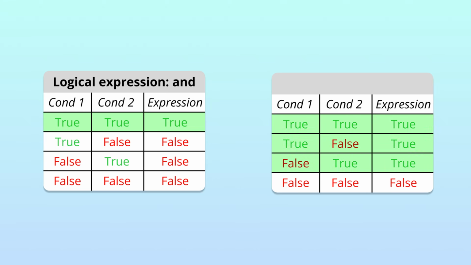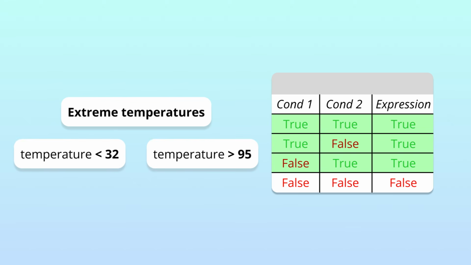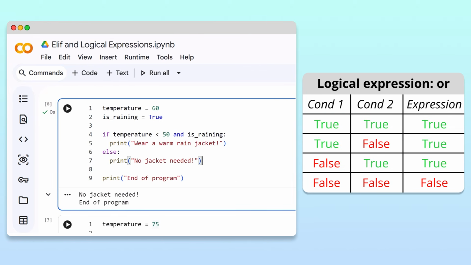For example, suppose we want to flag whenever the temperature is extreme, either below 32 or above 95. In Python, we can test if at least one condition is true by using the OR keyword. To test out the OR keyword in code, let's add a new cell.